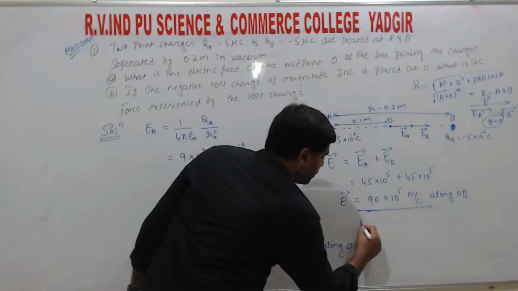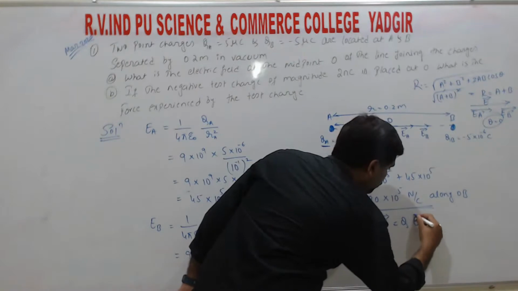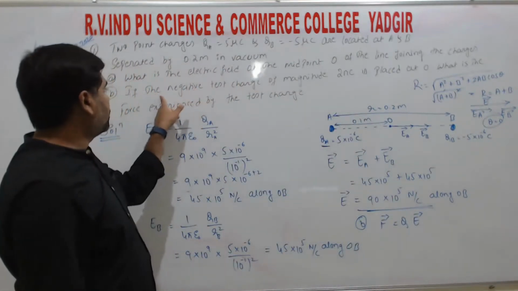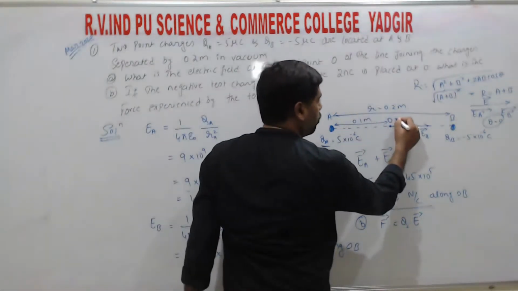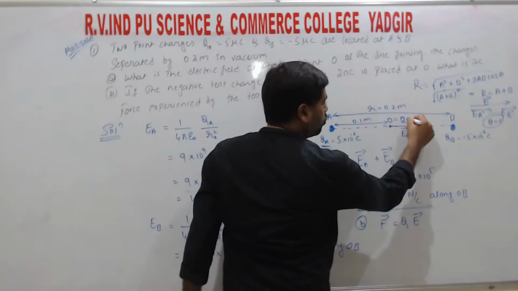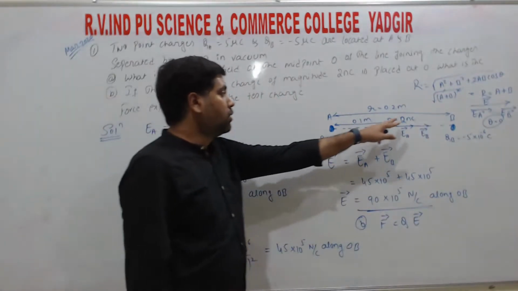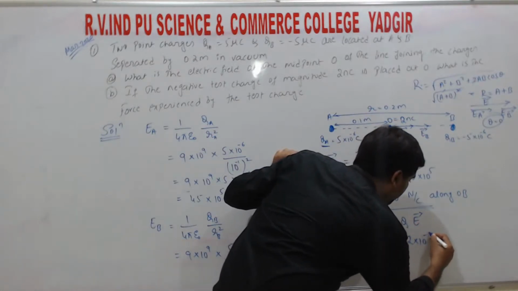Next, for B, we know F is equal to Q into E, right? In the second question, a negative test charge of magnitude 2 nanocoulomb is placed at O, that means minus. So here the Q value is 2 into 10 to the power of minus 9.